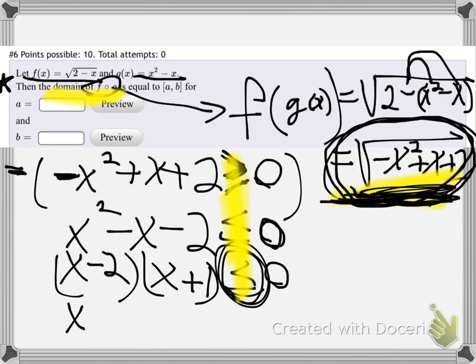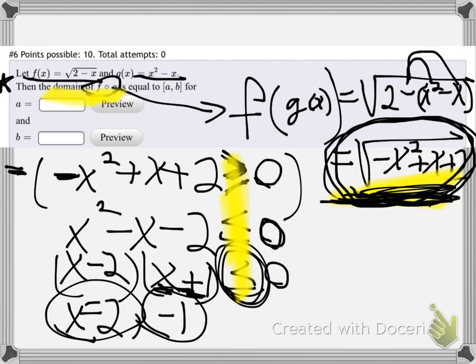So for right now, if I wanted x minus 2 to equal 0, then positive 2 will work. And then x plus 1 equals 0, you guys know how that goes, that would be negative 1. So x equals 2 or negative 1.